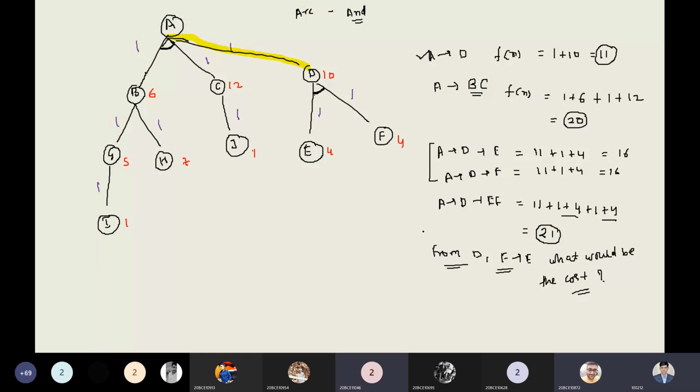So 10. Okay, tell me right now how you're getting 10. Because we only consider the A to D part. See, how are you getting the 10? Tell me right now.